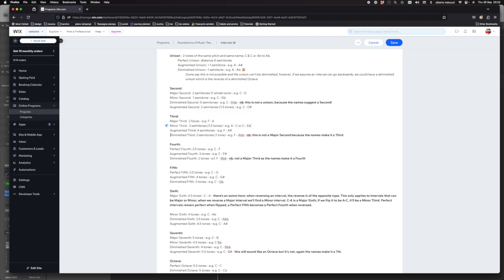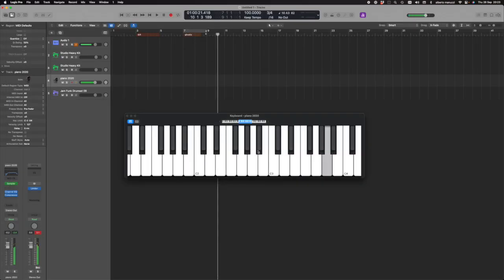Okay, a diminished third is 2 semitones, 1 tone, so same as a major second, right? It's a tone, but we call it a third, so from F must be an A, and then we double flat, so A double flat.